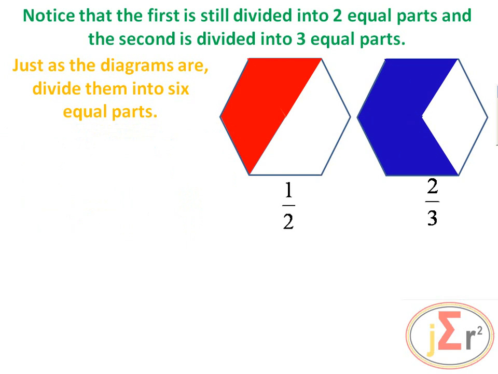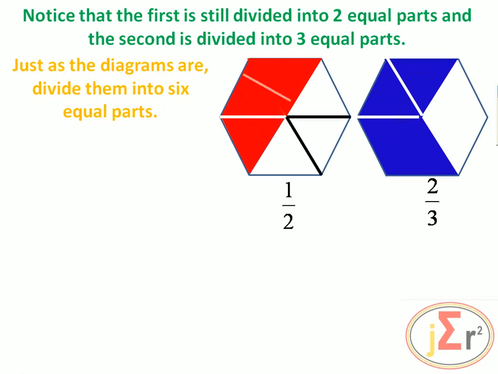So notice, step back, this one is divided into how many equal parts right here? 2. And this one is divided into how many equal parts? 3. Right. So we are dividing them now into how many equal parts? 6. Into 6 equal parts.